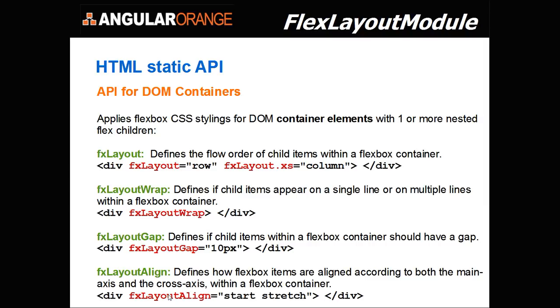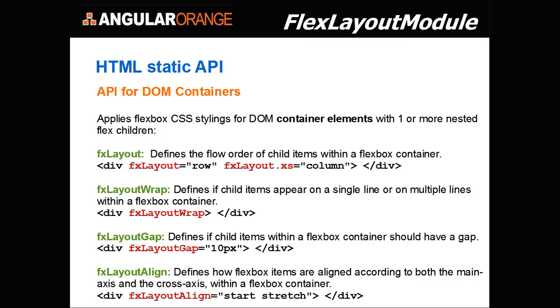So you could have like an FX layout align, start, stretch, and so these are things that take time to experiment with. I'm also noticing that resizing the browser, sometimes it doesn't work, sometimes it does work, but that could be related to my implementation.